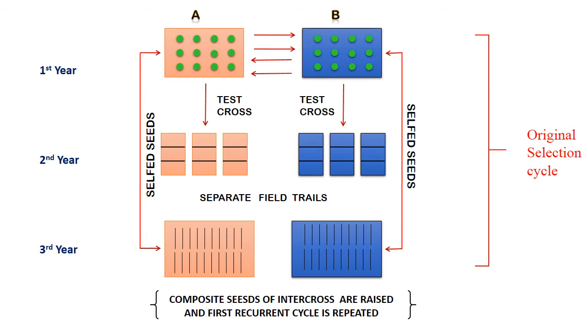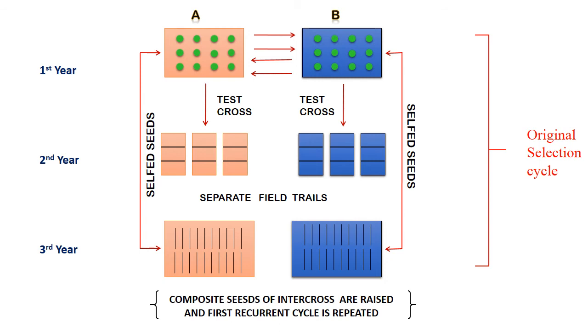In the third year, the selfed seeds of those plants whose crosses performed better in the test cross are taken and planted in separate blocks.